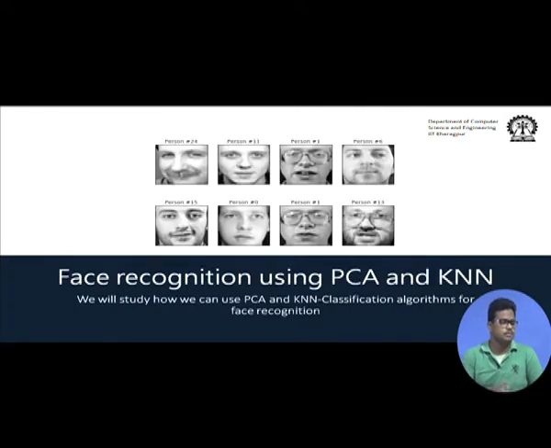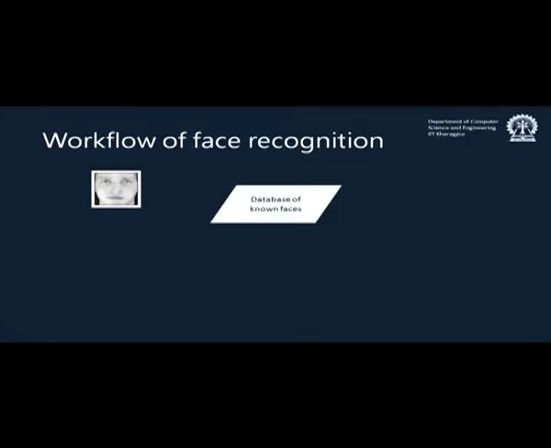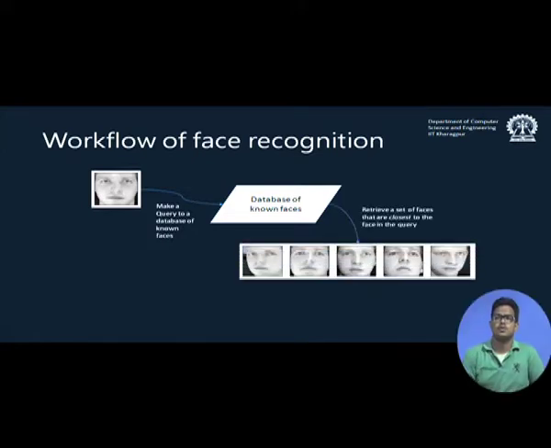The general workflow of any face recognition algorithm goes as follows. First, we have a whole database of known faces, and once a new face is presented, we make a query to the database. The database returns a set of faces which look the closest to the face in the query, and all of these faces are known.